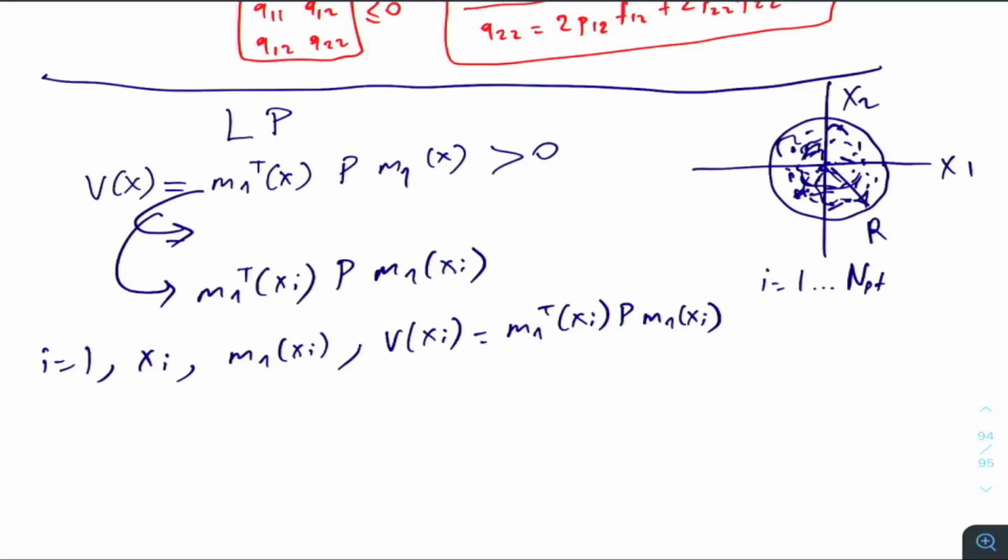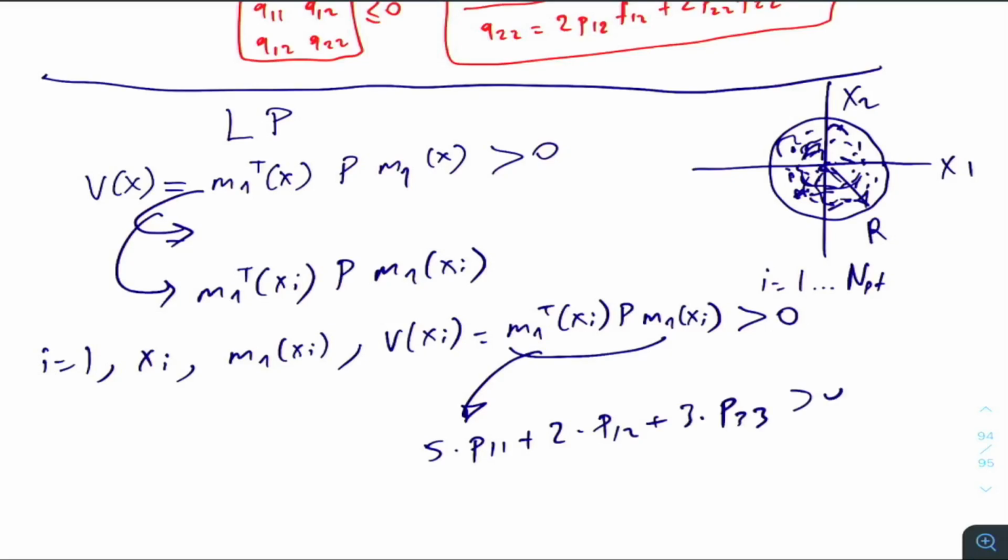And remember, these are like, for example, 5 times p11 plus 2 times p12, 3 times p33, right? These are all linear constraints, which is the moral of the story. These are all linear in the p terms, and this is great news.